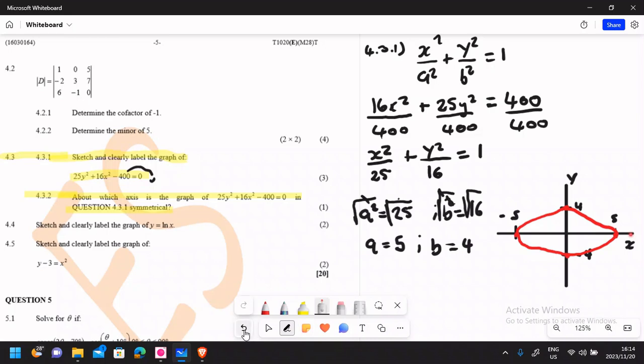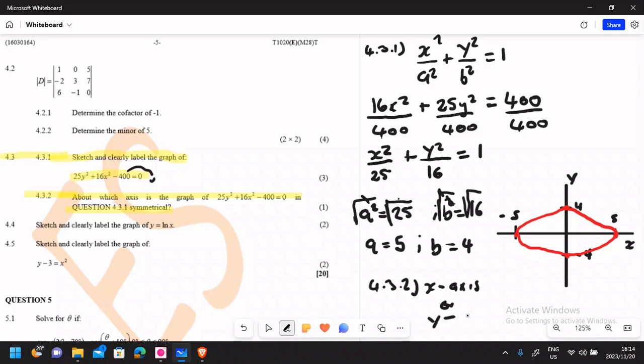So when you answer this question, which is 4.3.2, they ask which axis is going to be symmetrical. You can say x-axis, because it's also symmetrical, x-axis or y-axis.